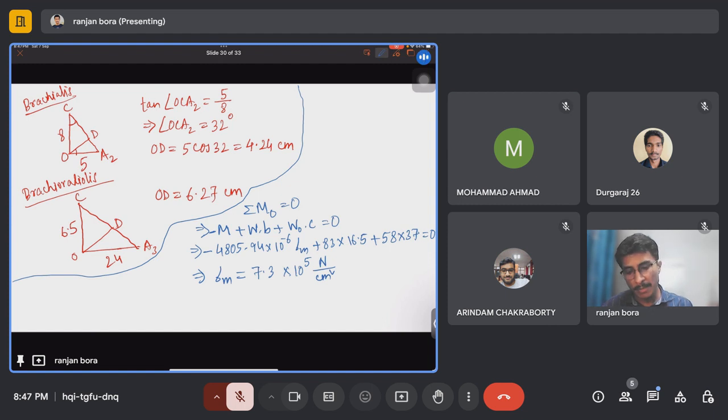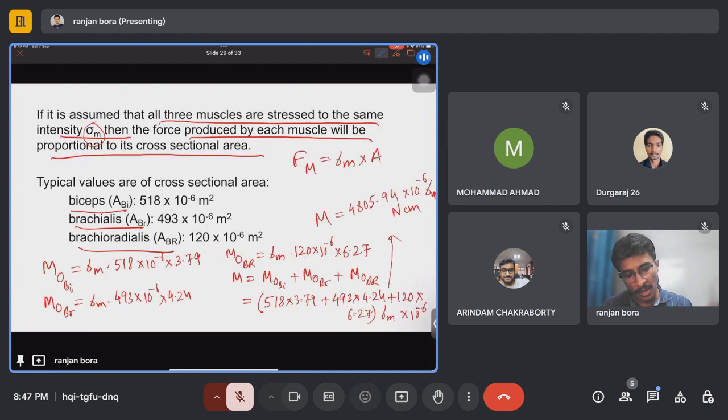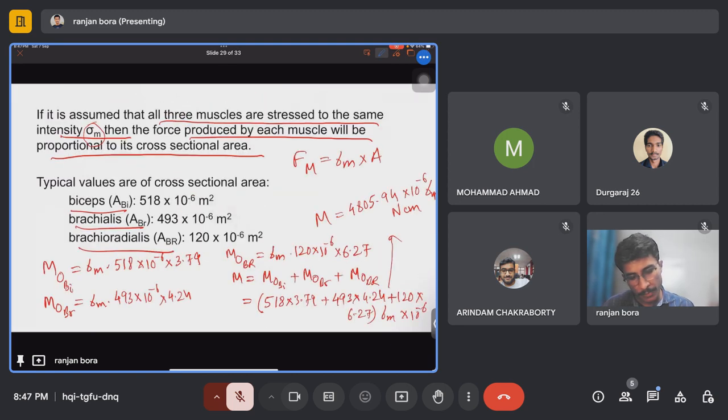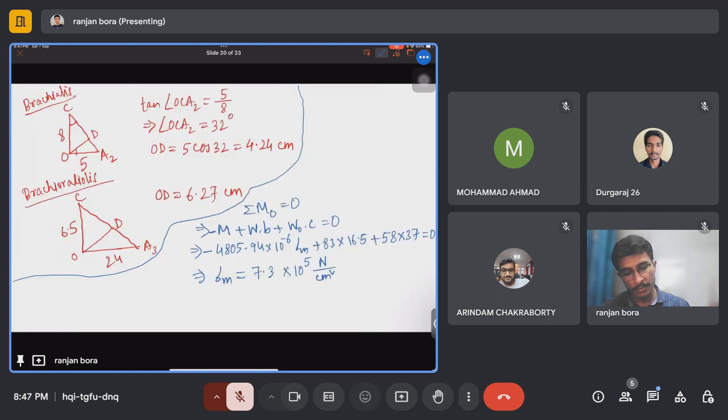So after knowing sigma m, we can find out the muscle forces. Like for the biceps muscle, this was our force, and this was the moment. We'll substitute sigma m here, and then we'll find the biceps muscle force.